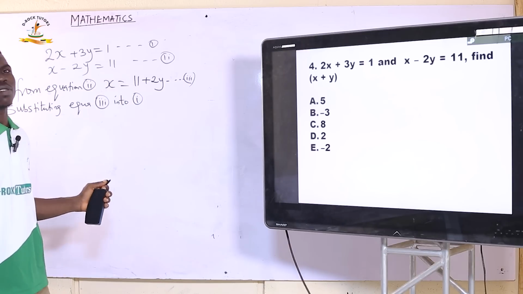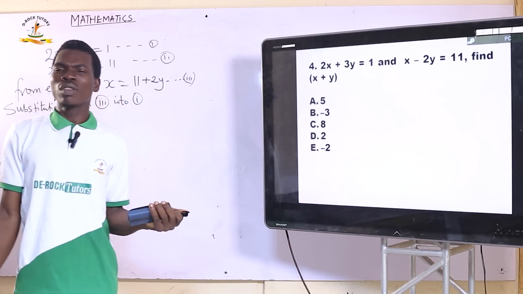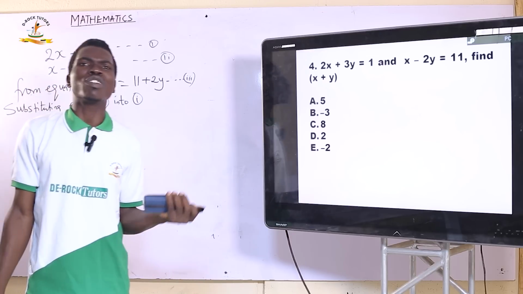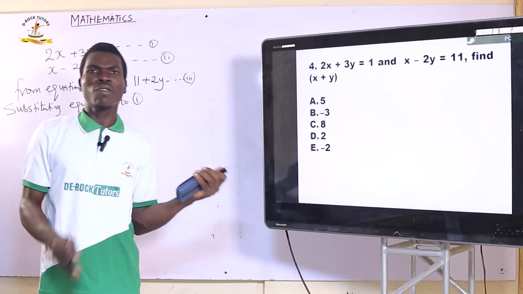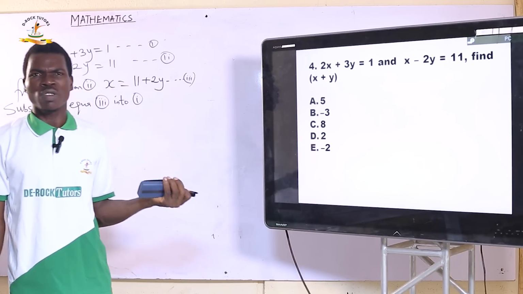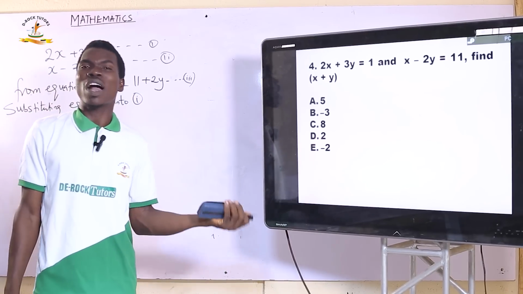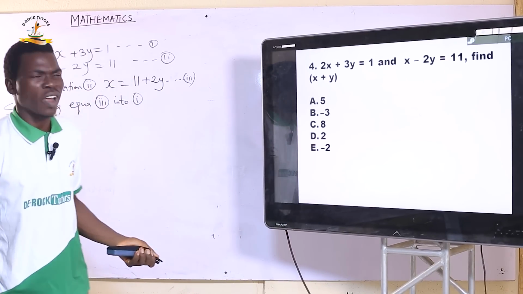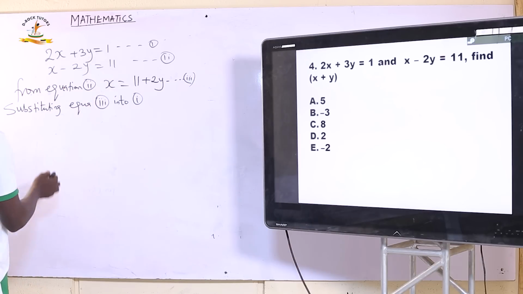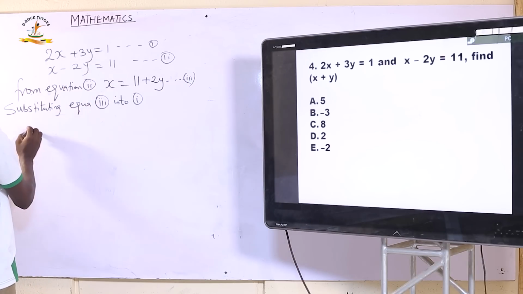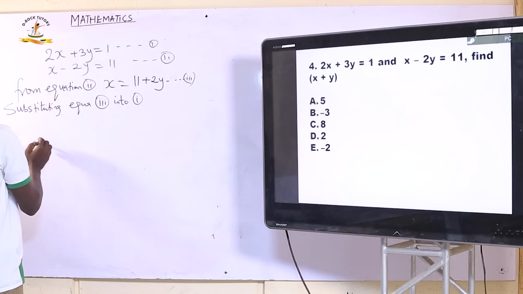However, you cannot substitute equation 3 into 2. The reason is that you got your equation 3 from equation 2. If you substitute such again into that same equation, you are going back to where you're coming from. So we prefer to substitute that into the first equation. So anywhere we have our x, we put that value there.